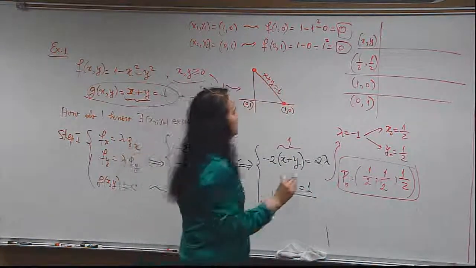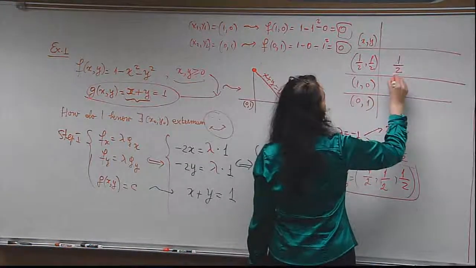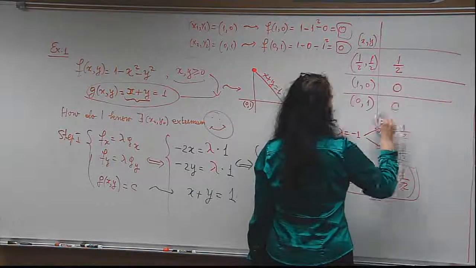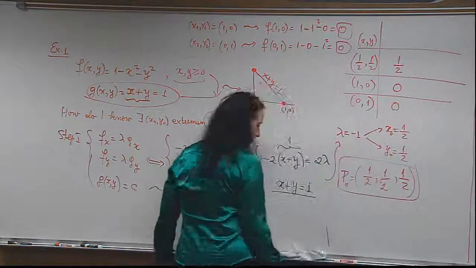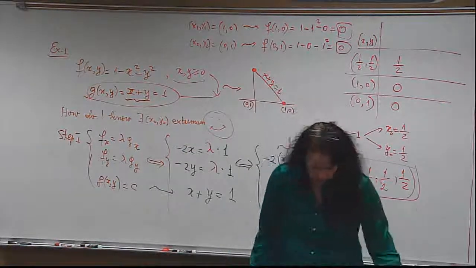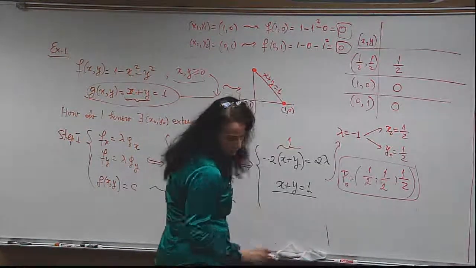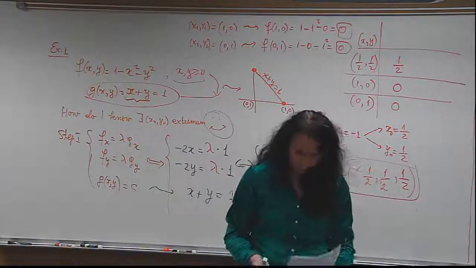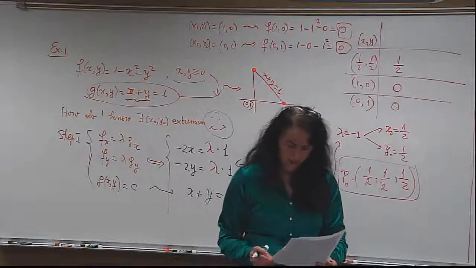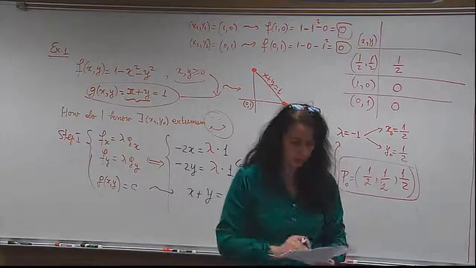And who was the z? Z was the 1 half here. And here was 0, and here was 0. Did I get the answer? Did I solve this problem at home? Yes, I did. And I got the same answer.